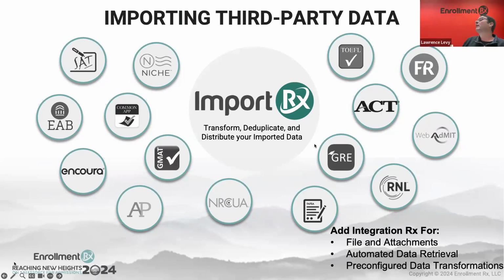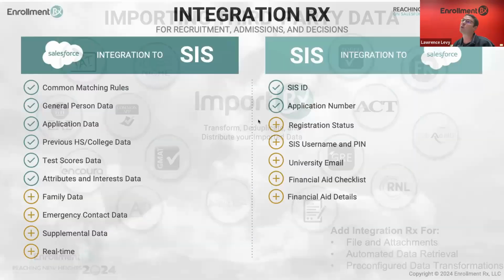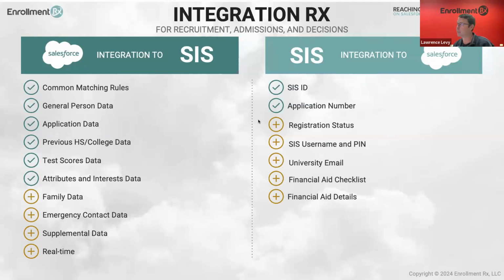Now, in addition to the import piece, which was those data sources, really what everybody has come here to see today, and what we advertised the session to be about, is the integration with the student information system. How are the CRM and the SIS exchanging data bi-directionally, and what kind of data are they exchanging? For those conversations, we certainly talk about this slide here.